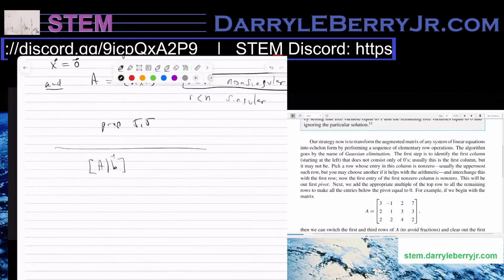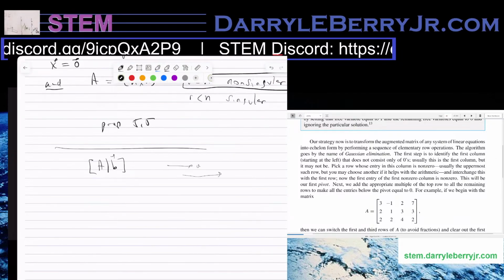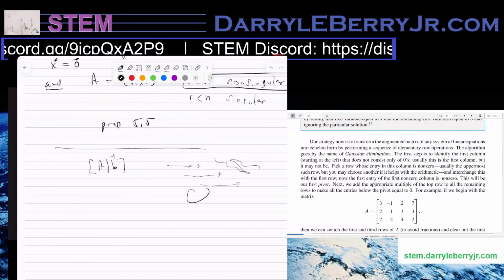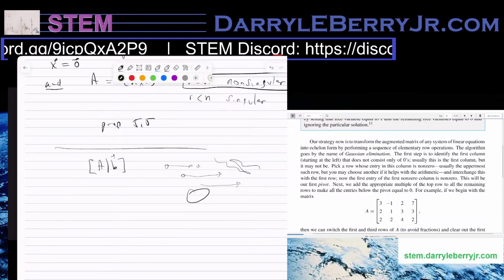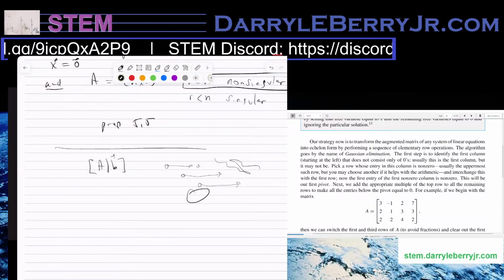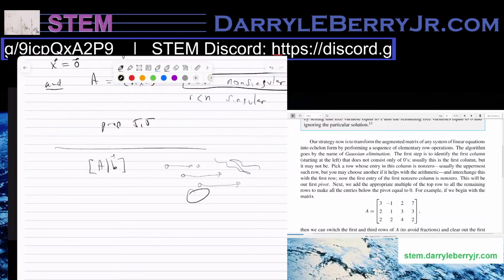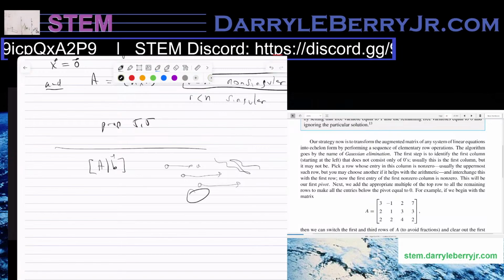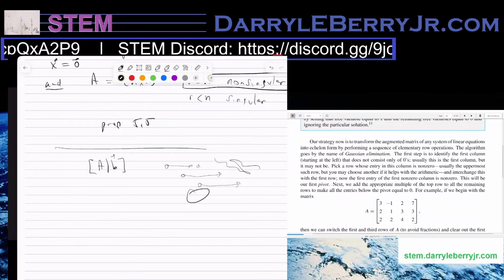So remember, echelon form means all the leading numbers of a column are pivots. You can have any numbers up here, but all zeros down here. And every leading number has zeros underneath it. And the leading numbers are in sequential order down the columns.